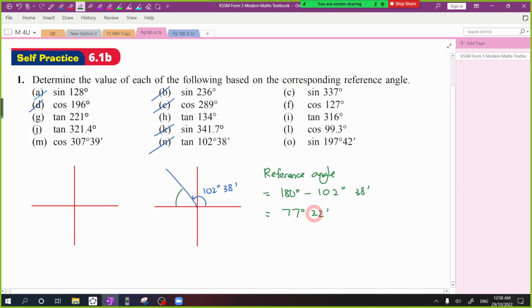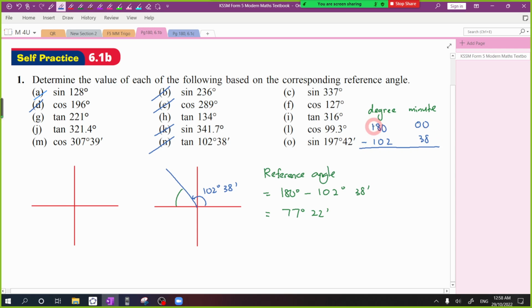Let's say if you don't want to use your calculator, we can do it this way. This one you learned before. I hope that you still remember. So now this is 180 degree, 0 minutes, and this is 102 degree. We are taking 180 degree minus 102 degree, 38 minutes. So here 0 cannot minus 38, right?